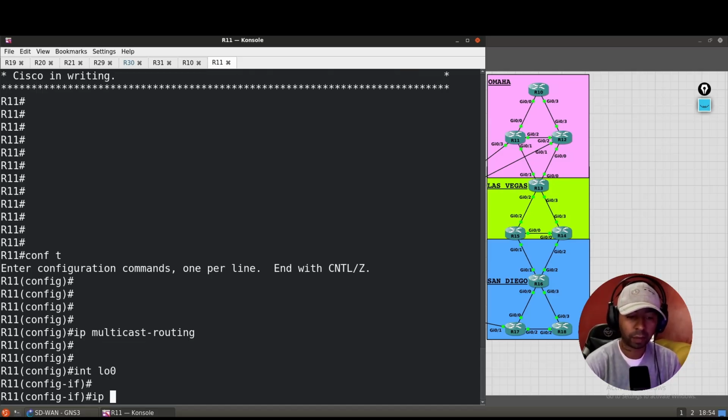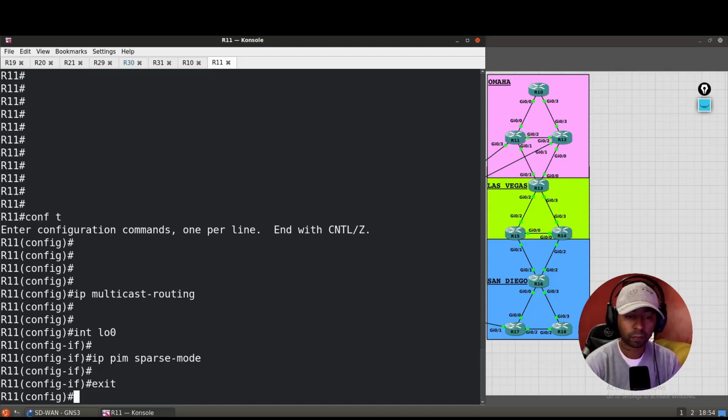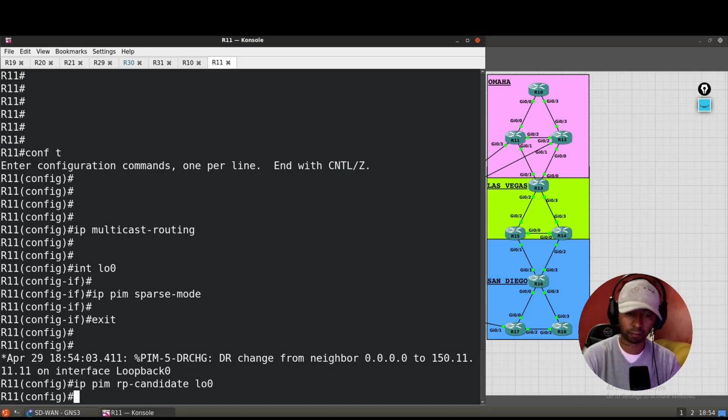So here will be IP PIM sparse-mode, exit, IP PIM RP-candidate, because we are saying, hey, router 11, you will be the candidate on loopback 0, on yourself.